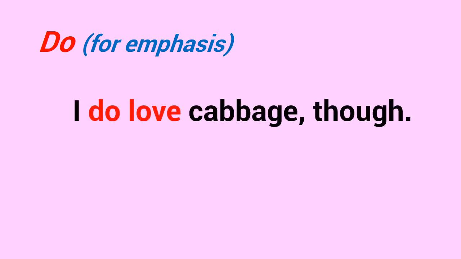I do love cabbage though. Do here is paired with love in its base form, and we use do here for emphasis that the speaker really does love cabbage. And for this example, we are not supposed to say I do loved, because loved is not in its base form.